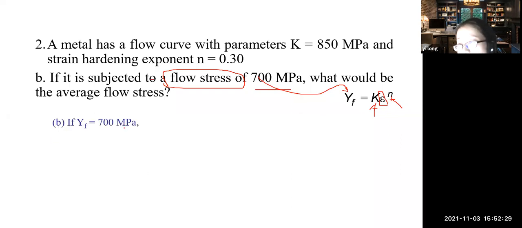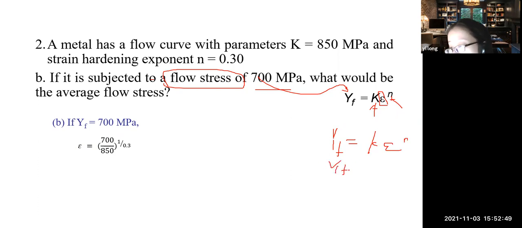Okay, so if YF is now changed to 700 megapascal, then we will have 700 over 800, right? So we put K here, KF.